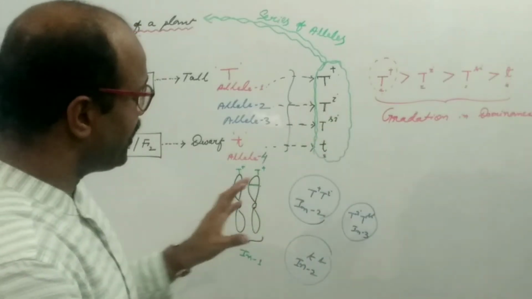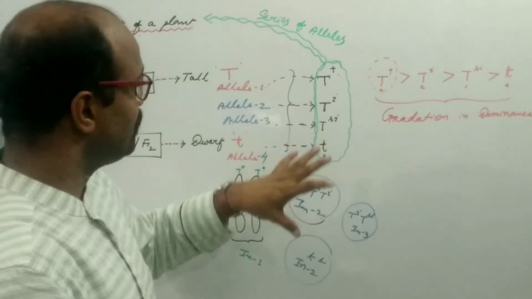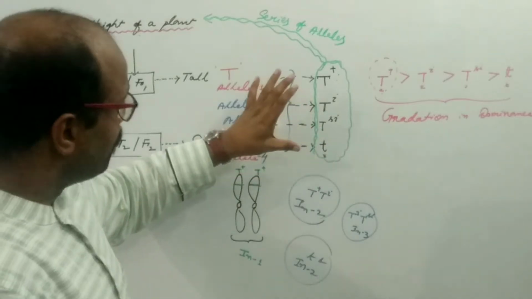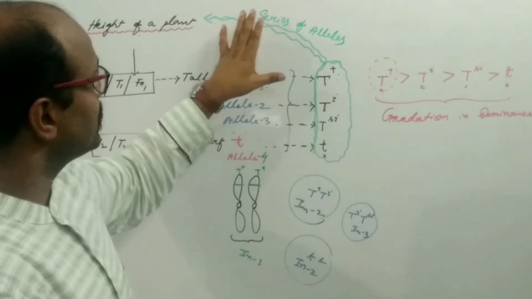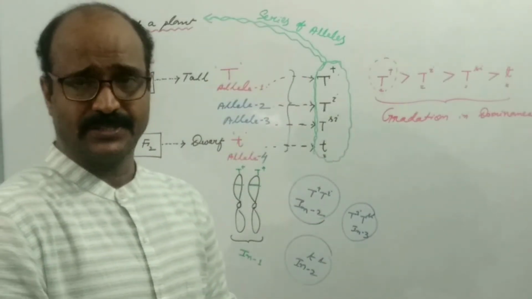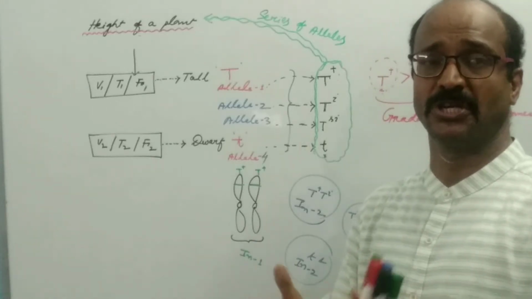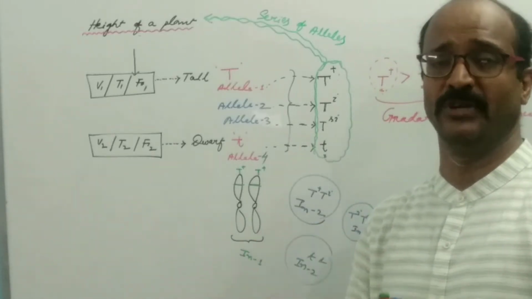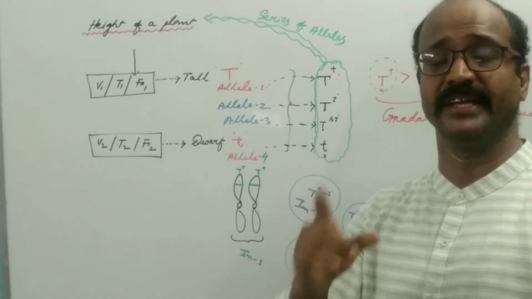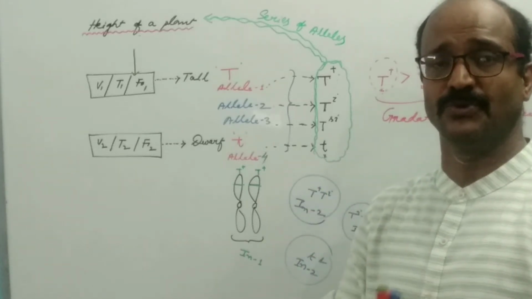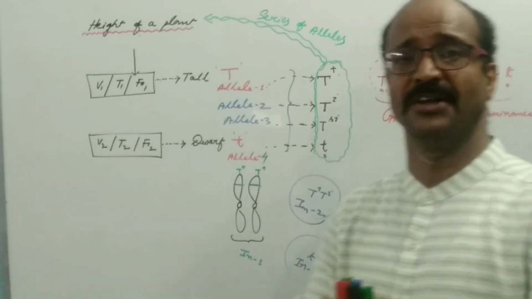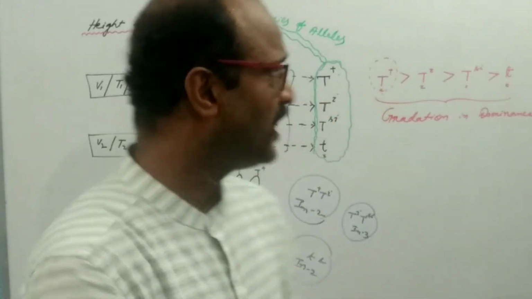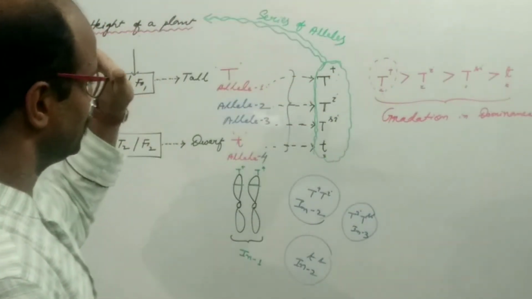Like these, different individuals contain different allelic forms out of the series of alleles. That's why it is important to study multiple alleles in a population. It is not applied in a single individual. So you have to study multiple allelism or multiple alleles in a population.